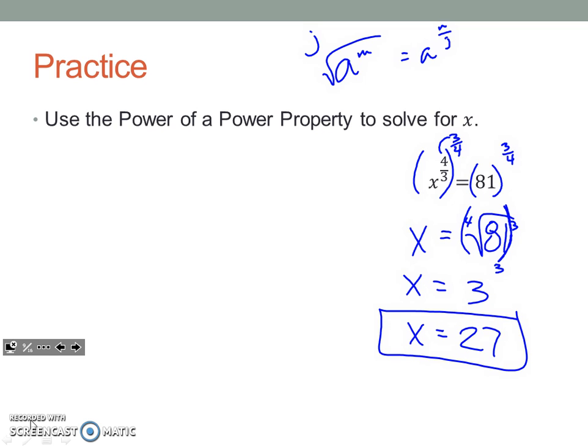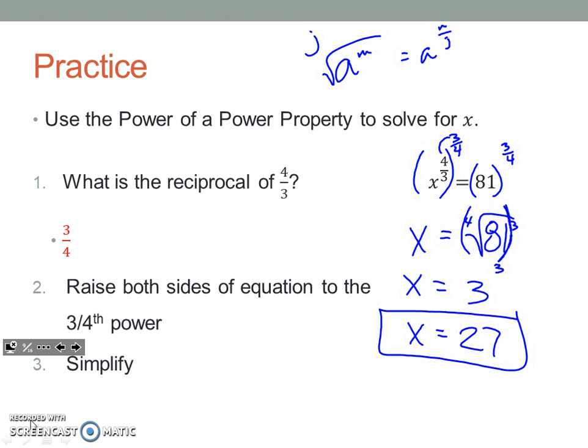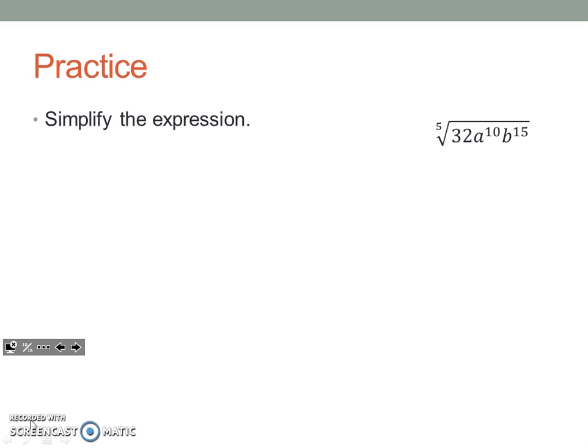And then last two things, we can use our JAM rule to help us simplify these. In the past, what I told us to do is to write all these out. So 32 would be 2, 2, 2, 2, 2. A to the 10th would be A... oh my gosh, that's going to take forever. And I would be looking for groups of 5, right?